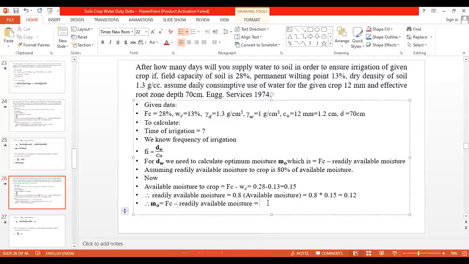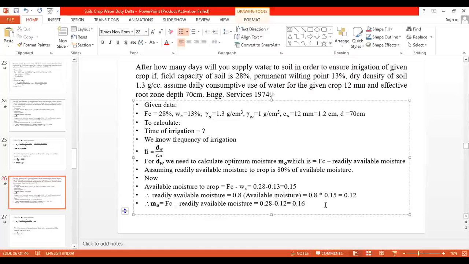So field capacity here is 28%, that is 0.28 minus readily available moisture, now 0.12, which gives us a value of 0.16. Exactly, 0.28 minus 0.12 is 0.16, that is 16%, we can say.